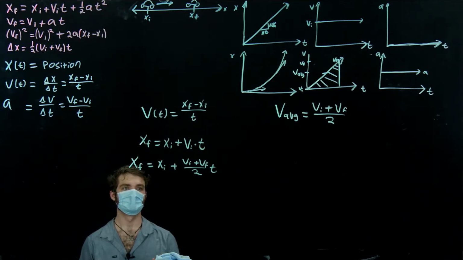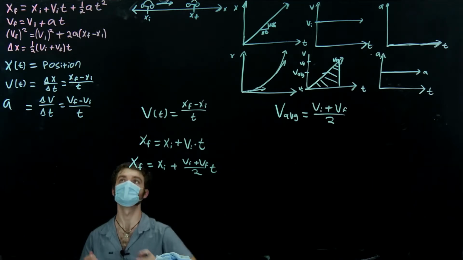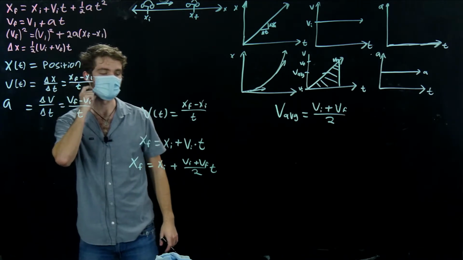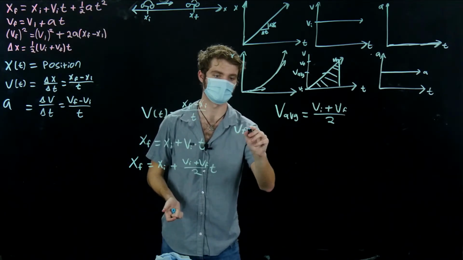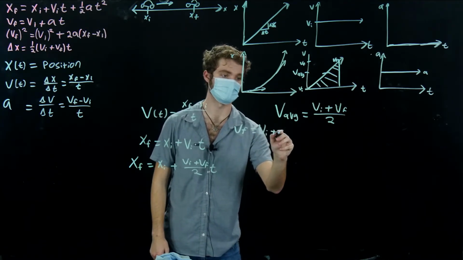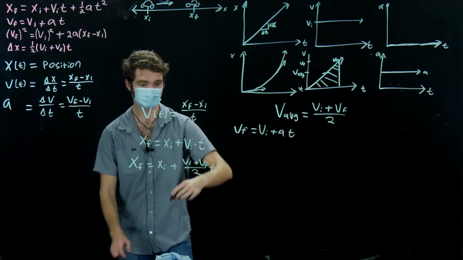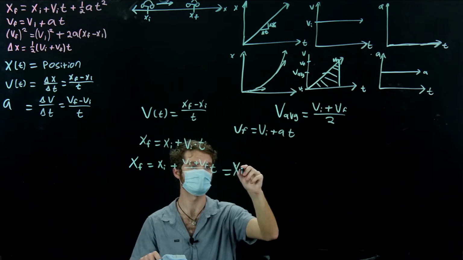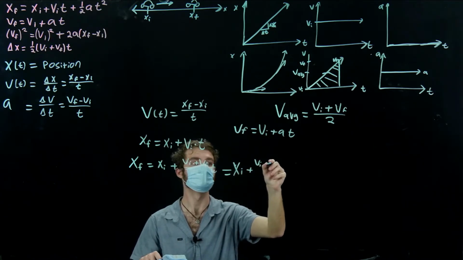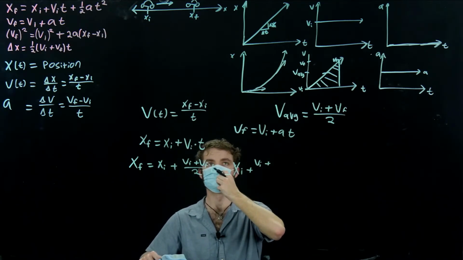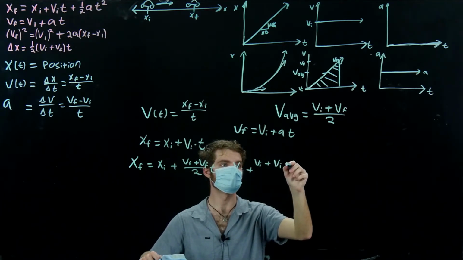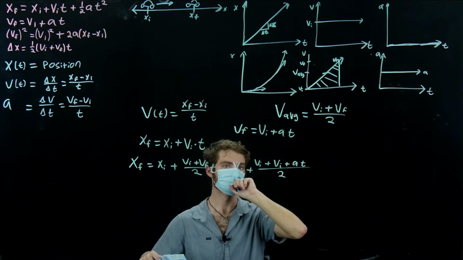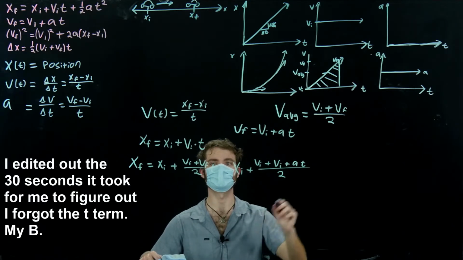And we can define v final using the equation we logically derived earlier: v final equals v initial plus a t. We plug that in here, and we have x final equals x initial plus v initial plus v initial plus a t over 2, and then this times t.